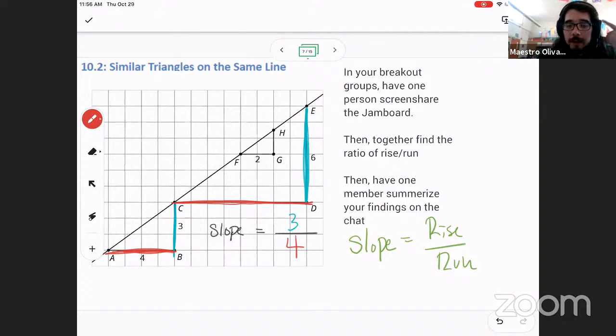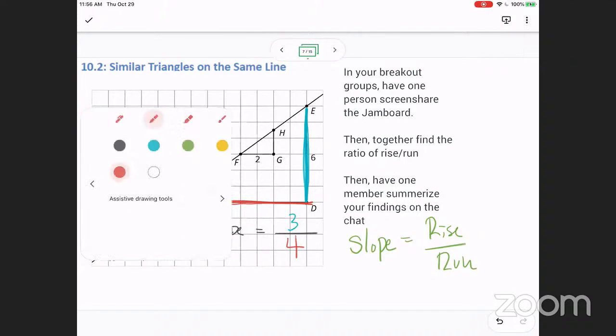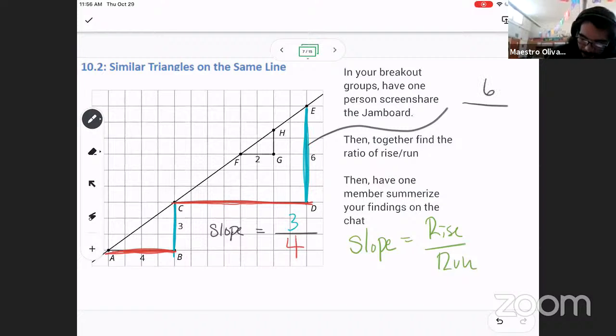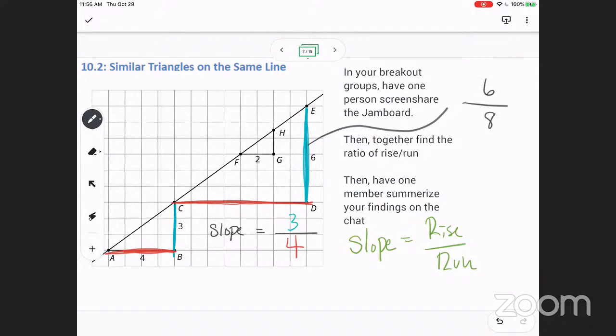Angel, I can't hear you. What's the fraction? The fraction is 6/8. 6/8. Perfect.